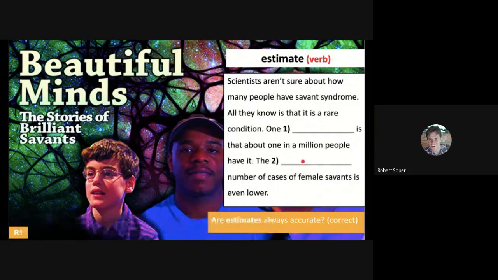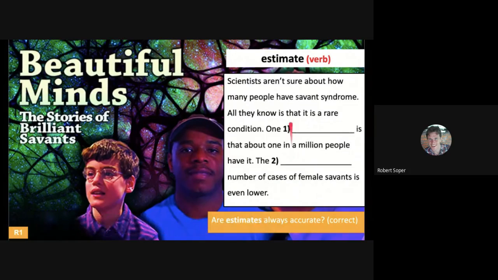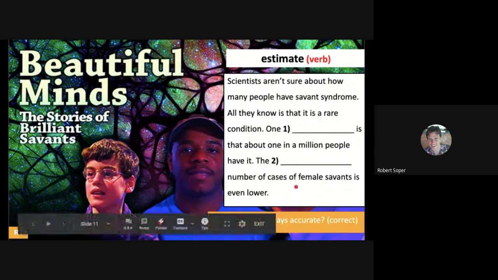It's describing this noun. So here we should have the estimated, that's with the D ending on estimate, number of cases of female savants is even lower. So number one, it was the noun, estimate, and number two, it was estimated.